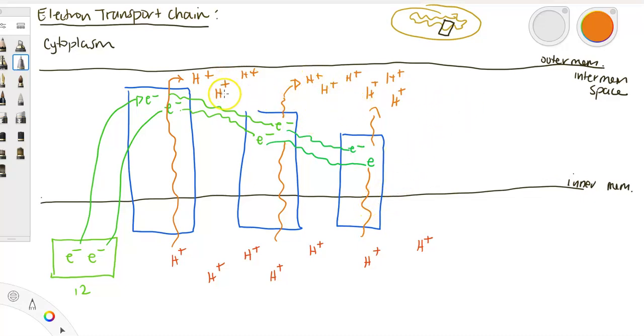Why are we putting hydrogens into the intermembrane space? Well, the reason is because there's another protein here. And this protein is called ATP synthase. And it's kind of like this little machine thing.